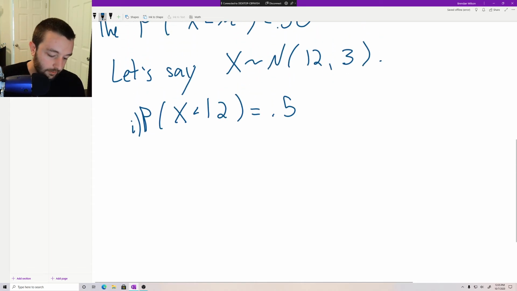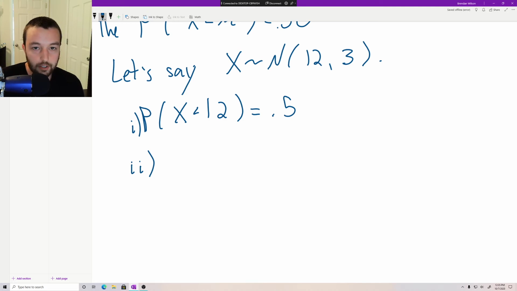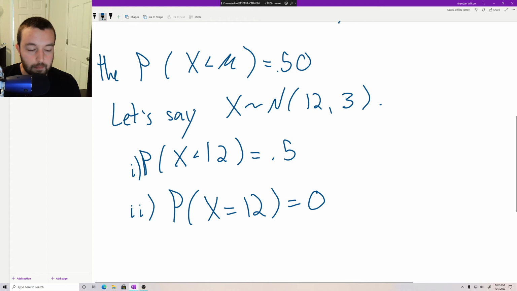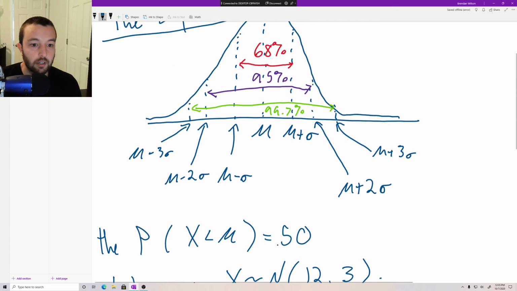Actually, for reasons that are a little hard to explain without using calculus, I can try to explain it with the picture. If we have a continuous distribution, like we do here with the normal distribution, the probability that x is equal to a number is always going to be 0. Like I said, we really would need calculus to show this mathematically, but we can try to understand this using the picture.